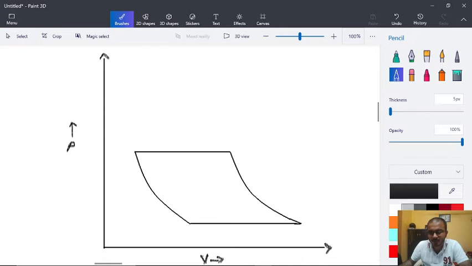So here we have the points 1, 2, 3, 4. Here we have the P2 pressure, and here we have the P1 pressure.